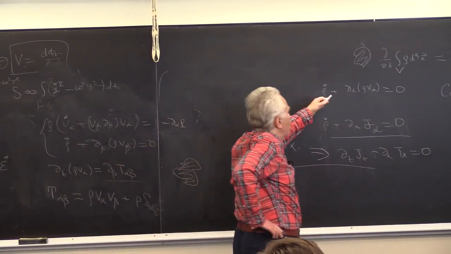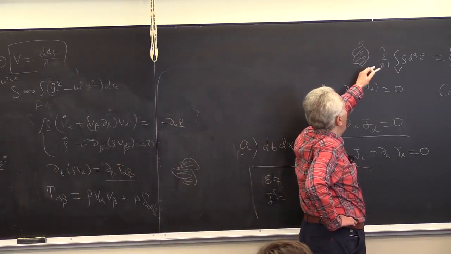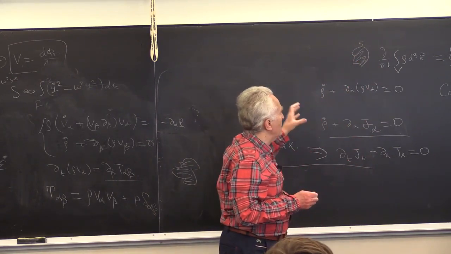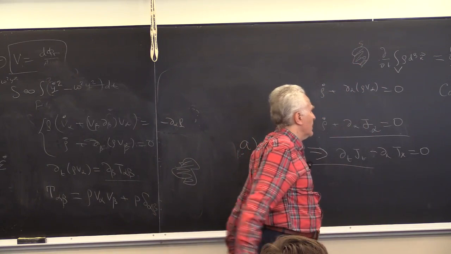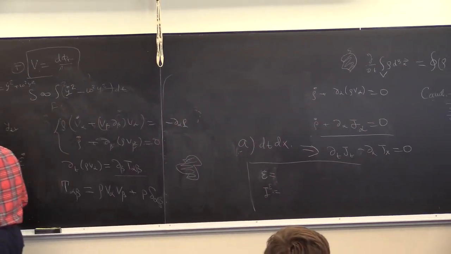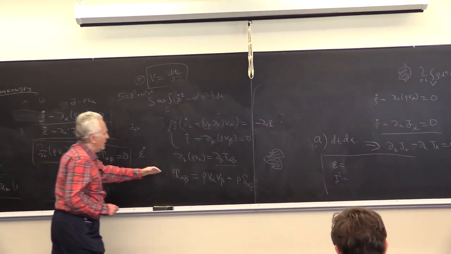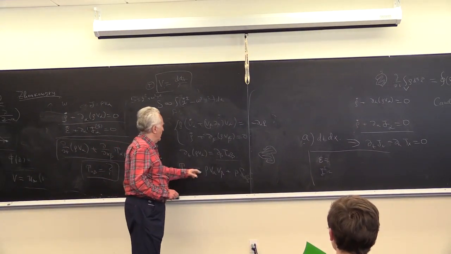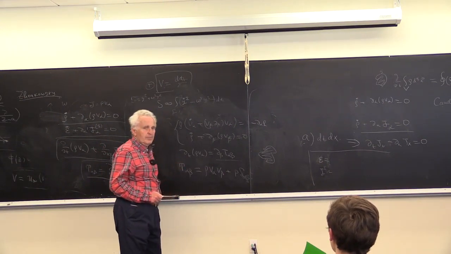So basically here we had only one reason for the mass density to change, and this reason was that the fluid goes out of the domain. Now let's think about this thing. What do you think about this term?